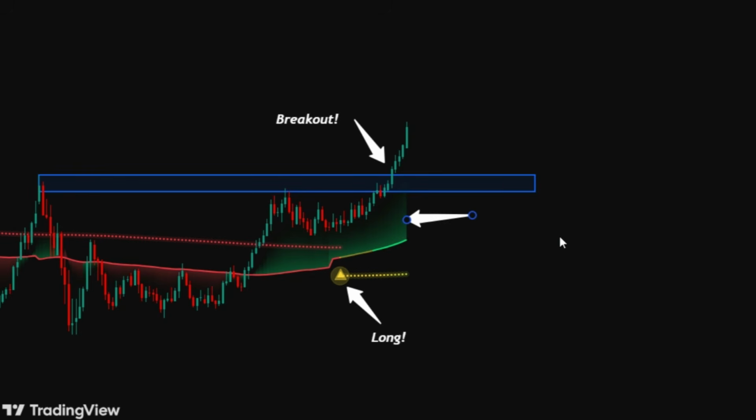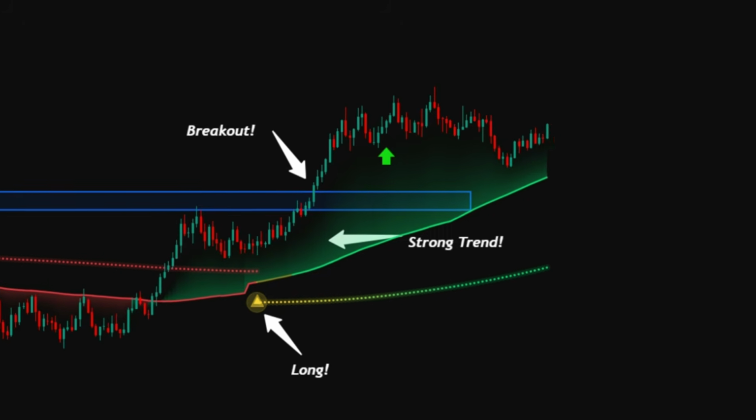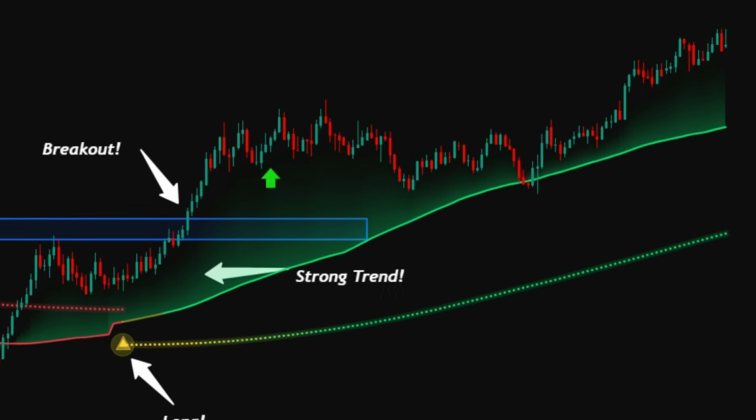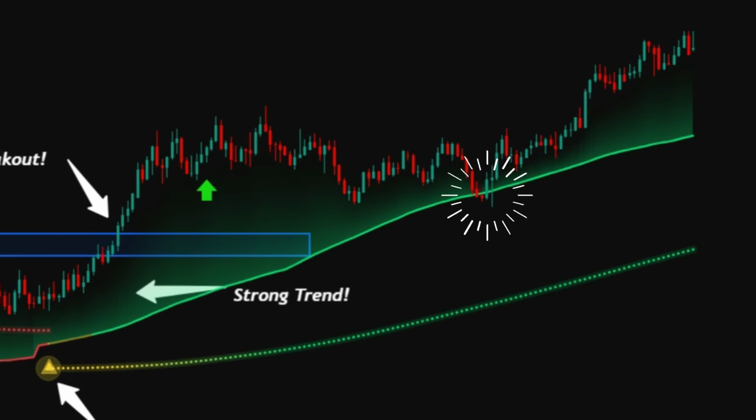At the same time, the area above the moving average is highlighted in green, indicating that the buyers are in control of the market. Following the breakout, price continues to move higher, and along the way, we can see a retest of the moving average, which could have provided a potential opportunity to re-enter or add to a long position while the overall bullish trend remained intact.